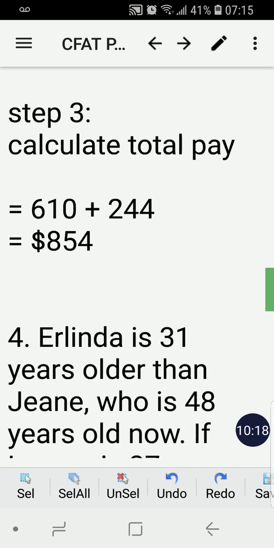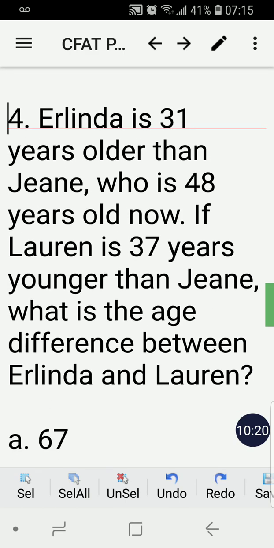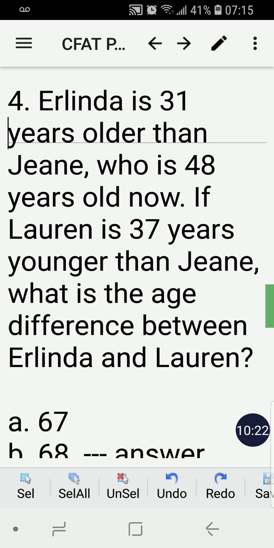Okay, moving on to question number 4. It's an age problem. So right here we got Erlinda is 31 years older than Jean, who is 48 years old now.